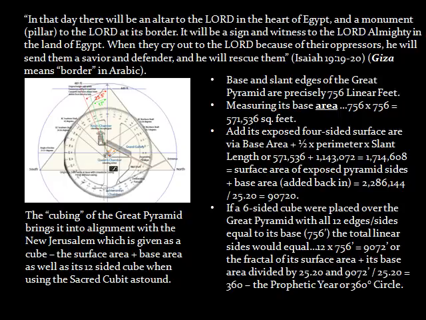The surface area of the exposed pyramid sides plus the base area added back in would altogether equal 2,286,144. Divide that by the sacred cubit of 25.20 inches, and it will equal 90,720. If a six-sided cube were placed over the Great Pyramid with all 12 edges and sides equal to its base of 756 linear feet on one side, the total linear sides would equal 12 times 756.